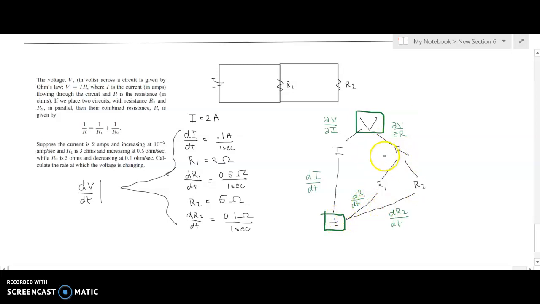Since the total resistance R depends on the individual resistors, I'll also have dR/dR1 and dR/dR2.